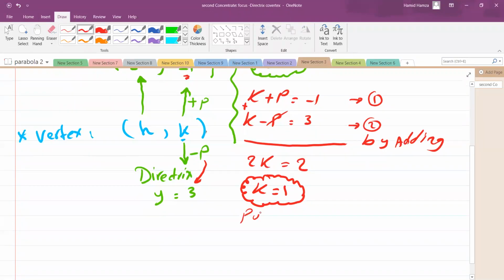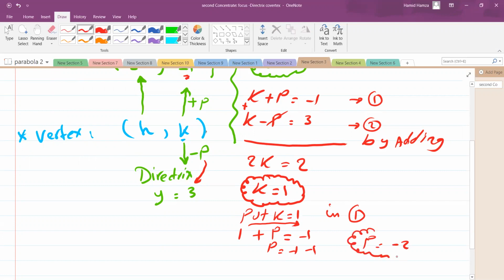K equals 1 in equation 1, for example. So it will be like this: 1 plus B equals -1. Take this to the other side. So B equals -1 -1, so the value of B equals -2. Now I got the third character, which is the value of B.